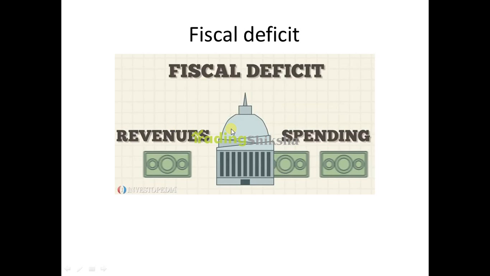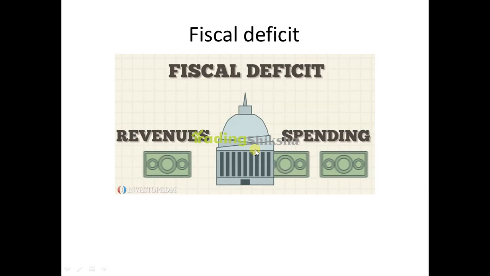To borrow money, it issues bonds, and these bonds are bought by investors. These investors can be individual investors or companies or even countries. So you can understand one thing, if the government is spending too much compared to the revenues it's generating, it needs to issue more and more bonds.